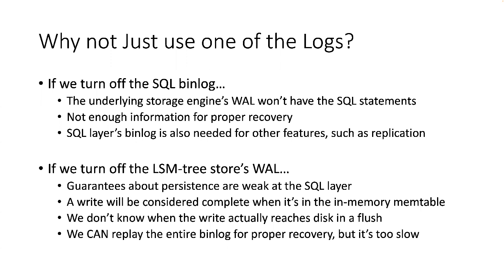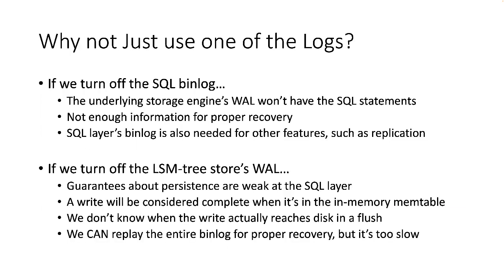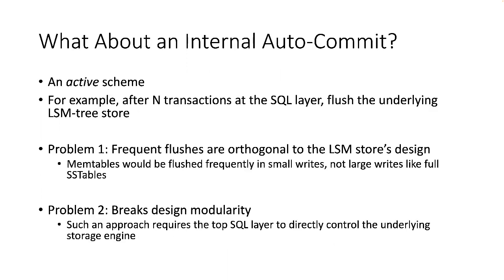We can, if we want, just remove the WAL and replay the log at the top from SQL, but it's prohibitively slow. So another scheme we might think about is, why don't we just internally commit after every, for example, n transactions at the SQL layer? Why don't we just flush the underlying store? Which does work, but it has two main problems.